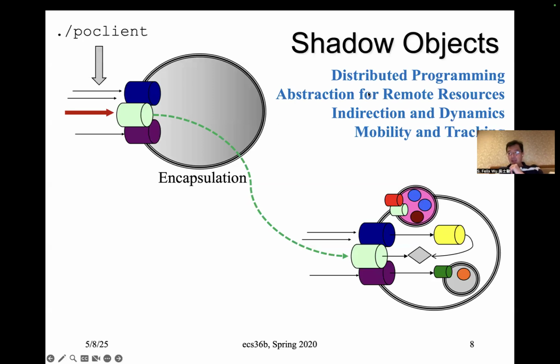If you learn CPP09, you essentially know how to do distributed programming, and you know how to do what we call virtualization or abstraction of remote resources. And you know that this abstraction can be dynamic, can introduce multi-layer interaction, and is also related to mobility, meaning the object is changing its location.